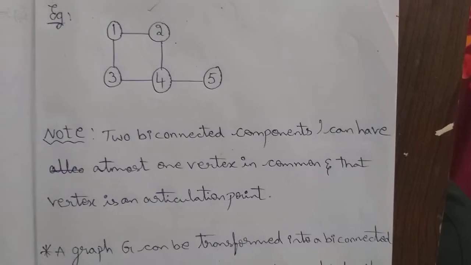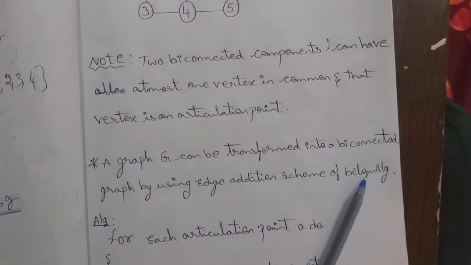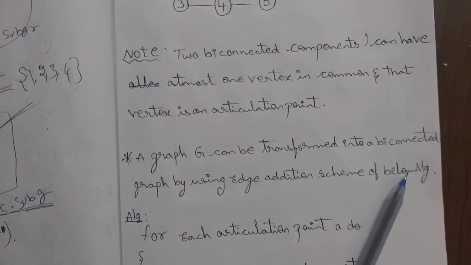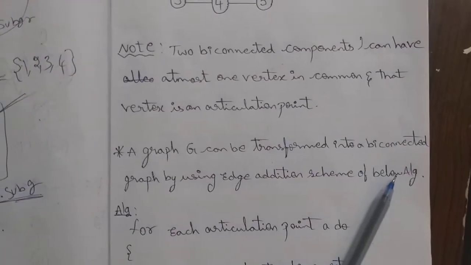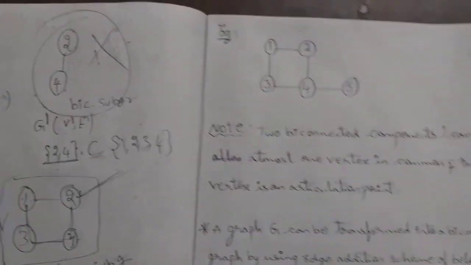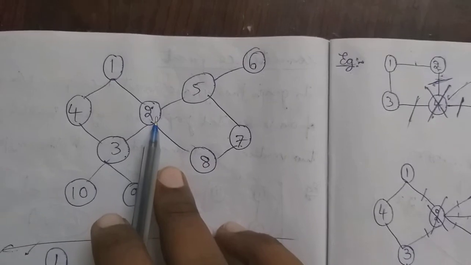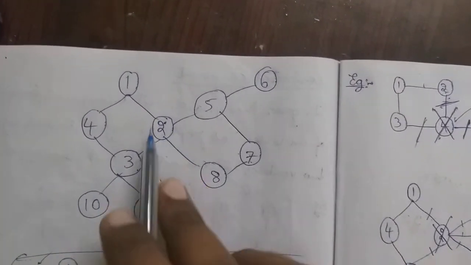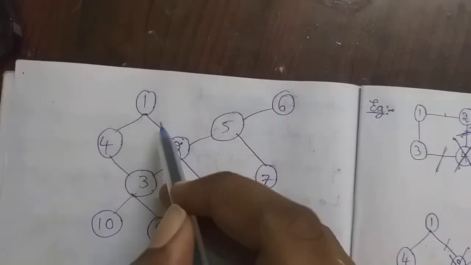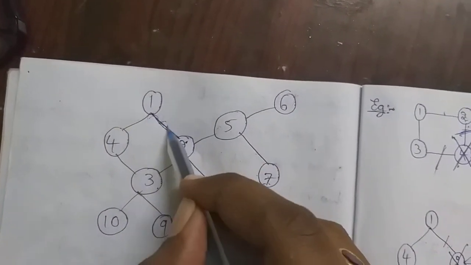Right? You just think why do we require these articulation points? What is the benefit of finding an articulation point? If you observe this graph, consider all these vertices as communication stations and all these edges as communication links transferring the signals.